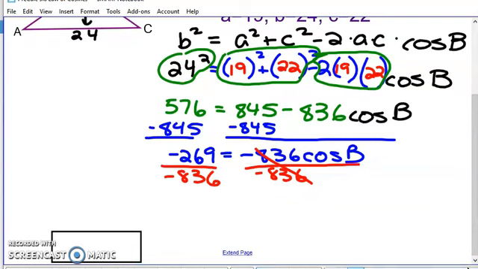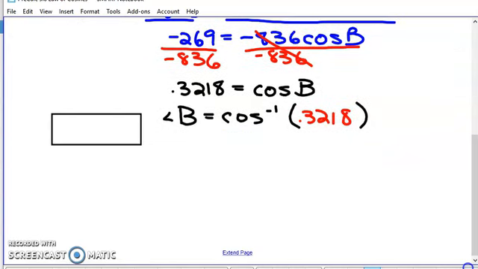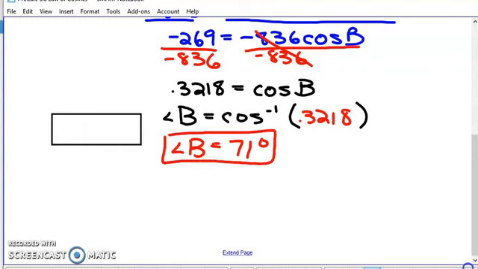So 269 divided by 836 is 0.3218. And in my calculator for angle B, I'm going to hit second cos. Notice when I hit second cos, I get close to the negative 1. And my calculator will say 71 degrees. Okay?